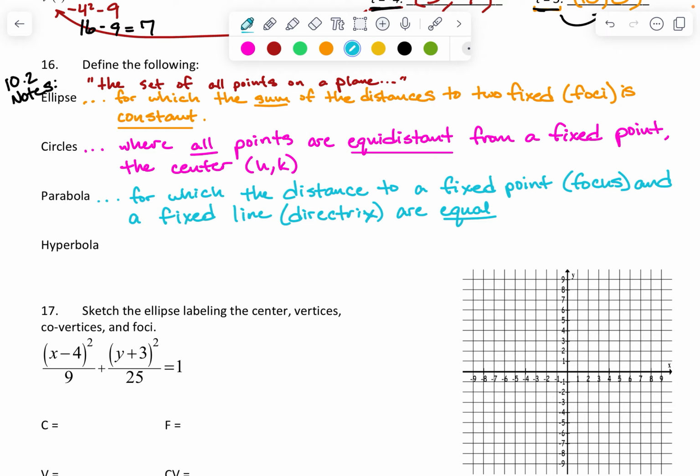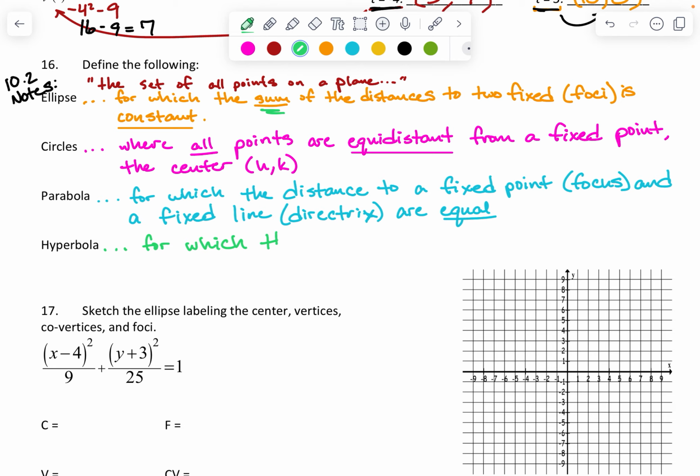And then lastly, the hyperbola, which is the last one we looked at. It's the set of all points on a plane for which, and like I said, this is very similar to the ellipse. The ellipse is where the sum of the distances is constant.